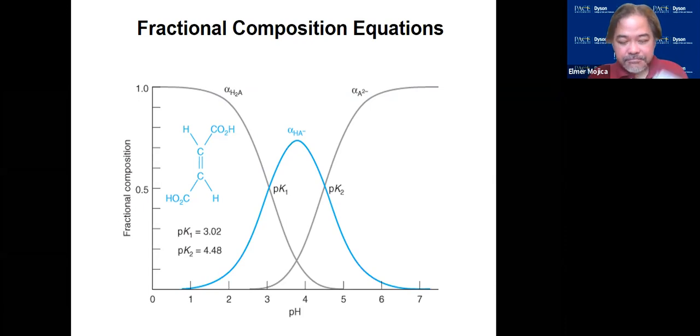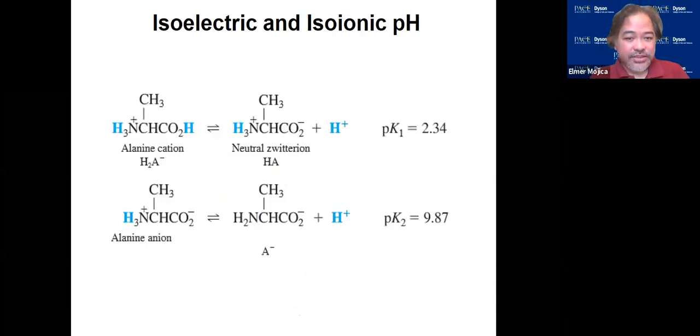And there is a method that they use because of these properties of amino acids. They call it the isoelectric. They take advantage of this isoelectric and isoionic pH.